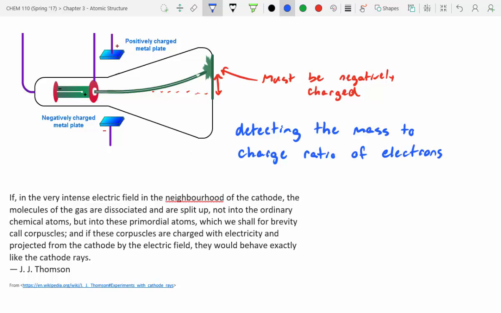He didn't know the exact mass of an electron, so he couldn't tell you that much about it. He just knew it had this negatively charged property to it. That's really his takeaway, and that's why he won the Nobel Prize, was the discovery of the electron.